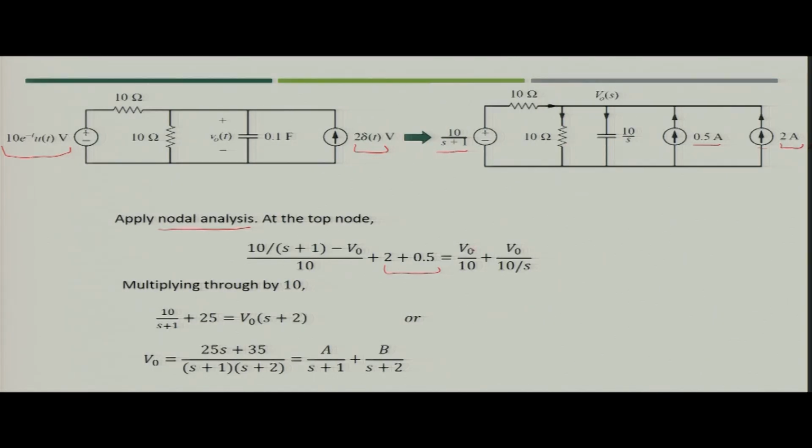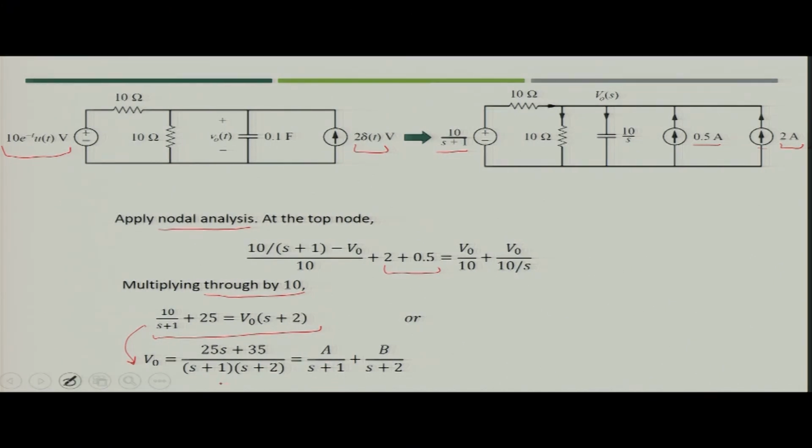So, here the outgoing current is V naught by 10, and here the outgoing current will be V naught upon 10 by S. Now, if you multiply both sides by 10 and rearrange, you will get 10 upon S plus 1 plus 25 equal to V naught into S plus 2, or if you rearrange again, you will get V naught would be 25 S plus 35 divided by S plus 1 into S plus 2.